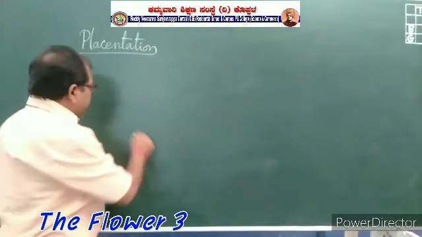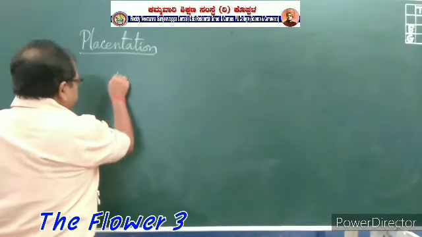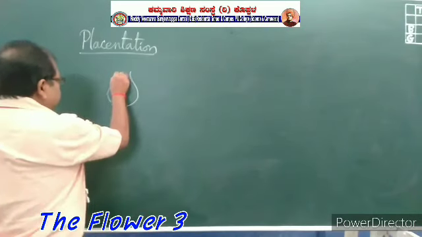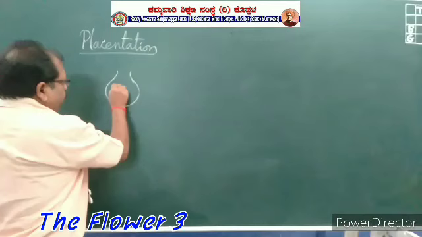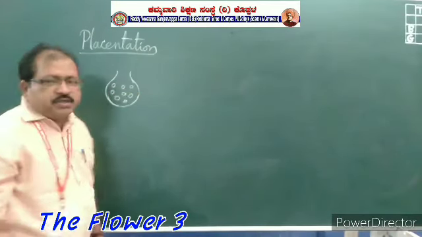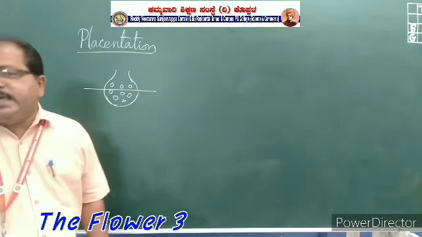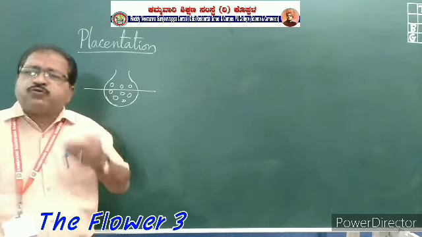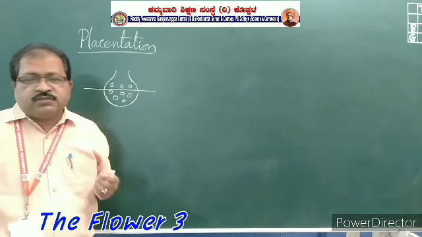As I told you already, there is an ovary. Suppose the ovary is a round ball-like structure, and inside the ovary ovules are present, arranged in different manners. Suppose you take the ovary, cut it horizontally and take a slice to see under the microscope. Of course, when the classes run, I will show you all this, no problem.